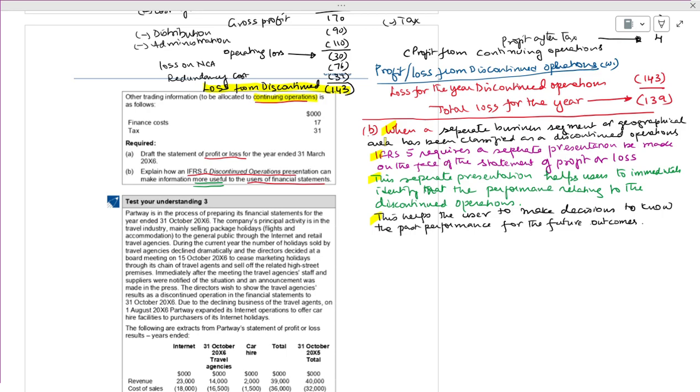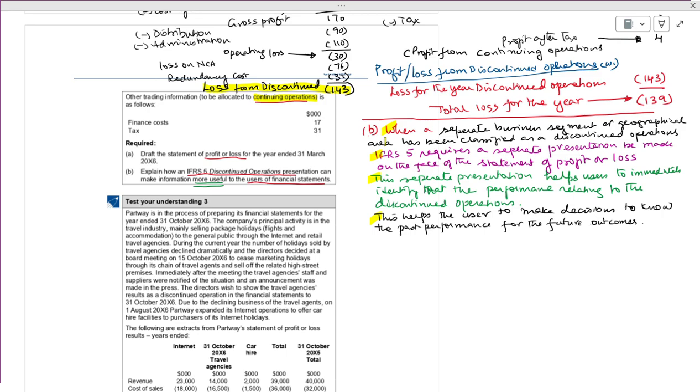Second point, IFRS 5 requires a separate presentation to be made on the face of the statement of profit or loss.